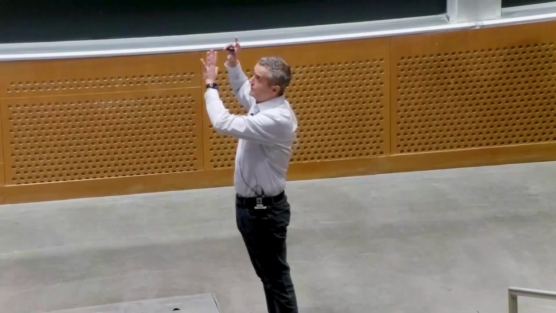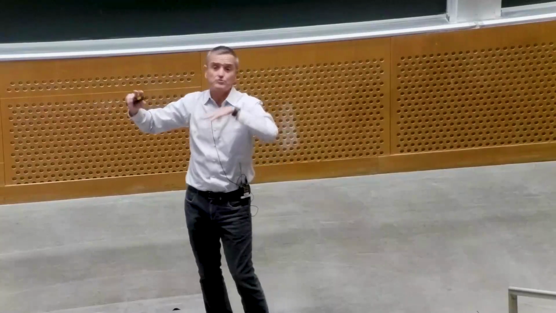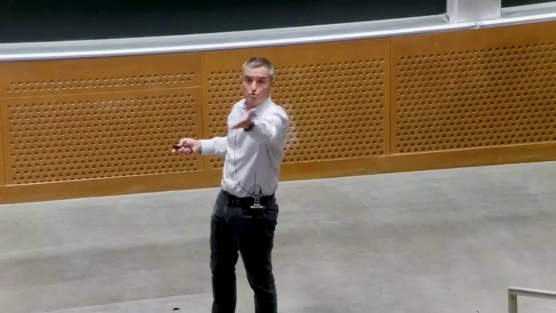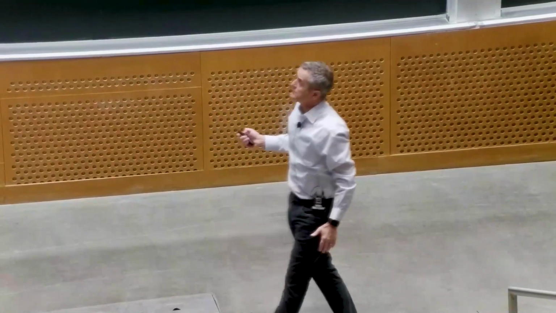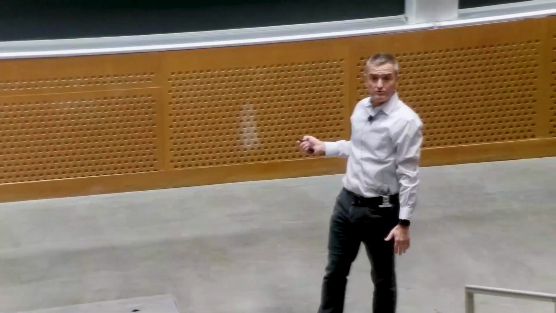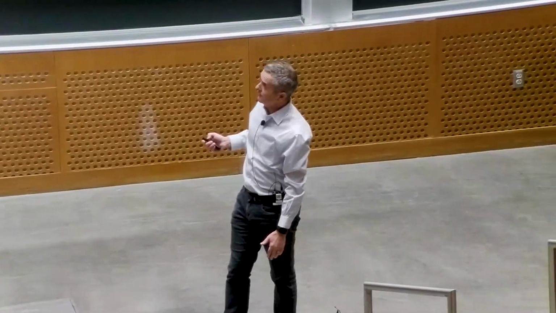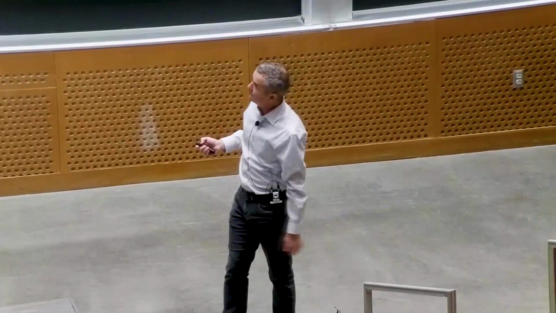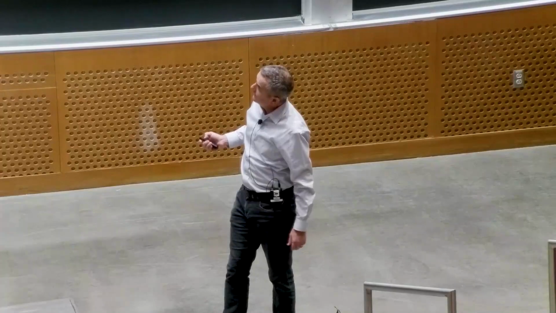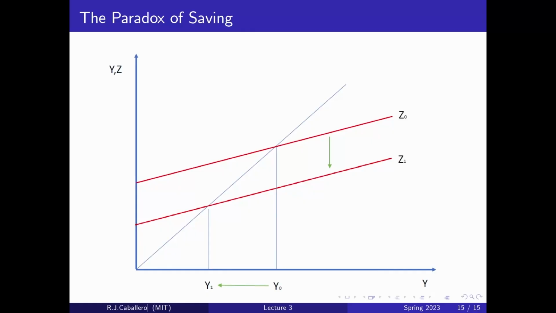I told you this way of looking at things is entirely equivalent to what we had already done. So I can also represent that in the space of aggregate demand and output, or income. A reduction in C0 would lead to a decline in aggregate demand, and then through the multiplier, a larger decline in output.